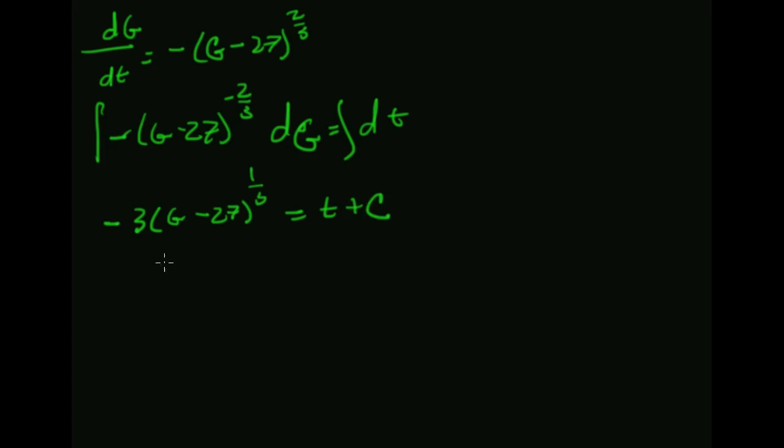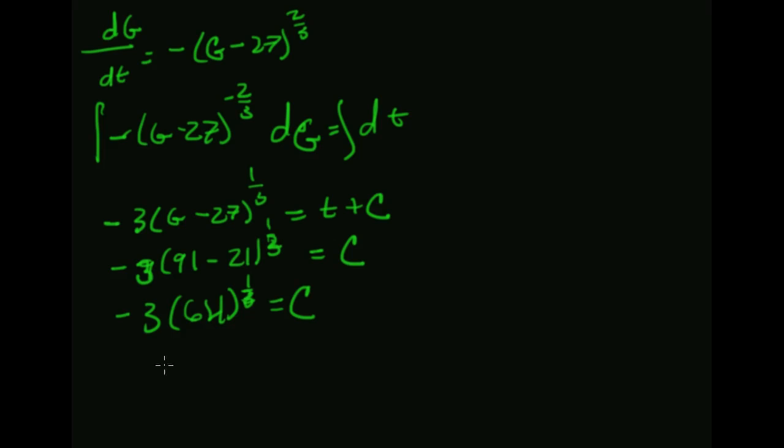All right, so now we got to use the initial value to find C. Well, the temperature is 91 degrees at time 0. So this is negative 3 times 64 to the third. This is a third. Equals C. So this is going to be negative 3 times 4, which is C, which means C is negative 12.